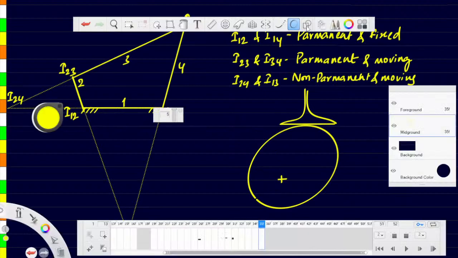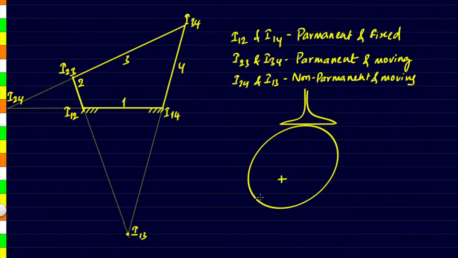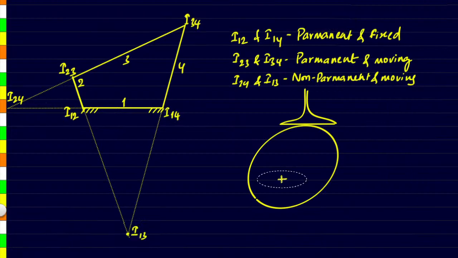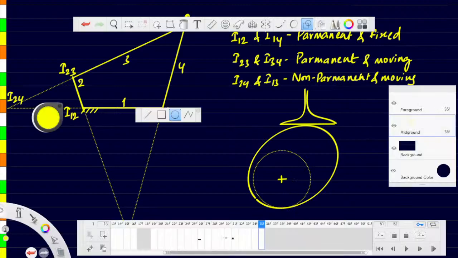Then the minimum circle which touches this cam profile is called the base circle. So let me just take this over here. Fine. So this is the minimum circle with minimum radius possible.